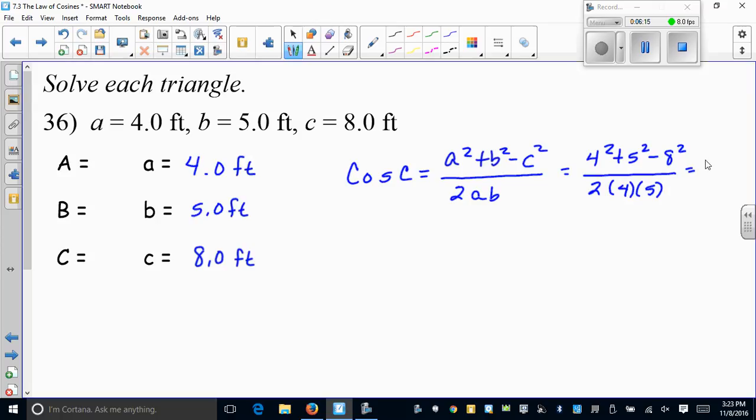At this point, we know that angle C is larger than 90 degrees because it's negative, and cosine is negative in quadrant 2. So C is equal to the arc cosine of negative 23 over 40, which gives us an angle of approximately 125.1 degrees.